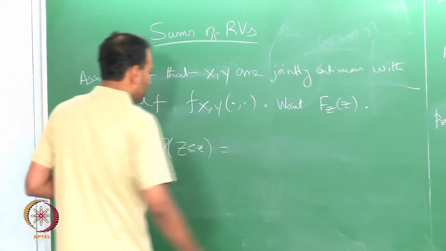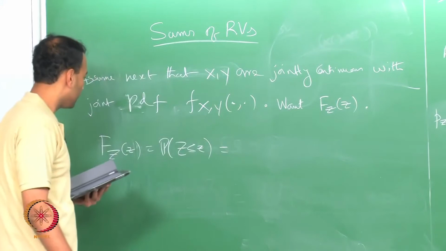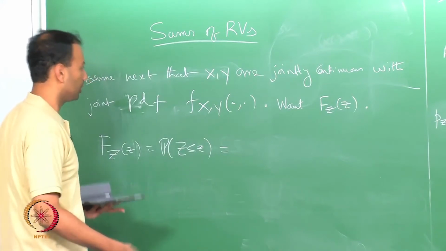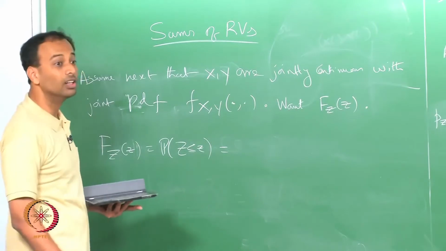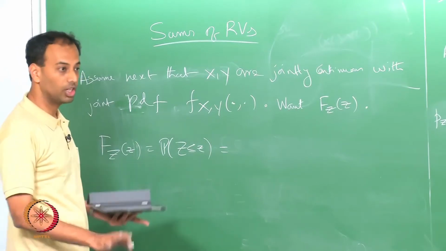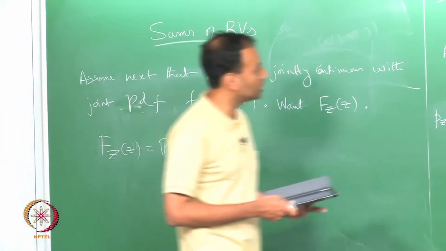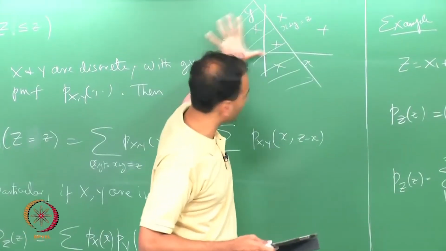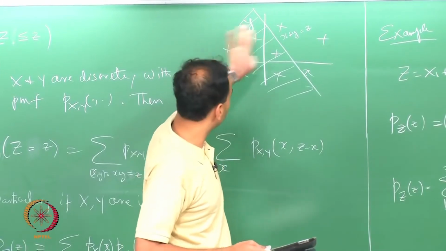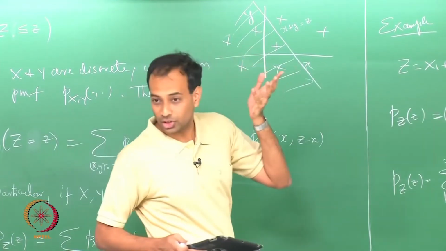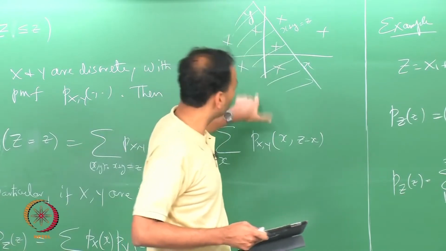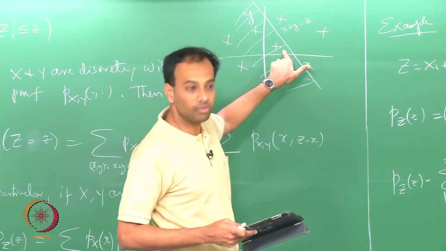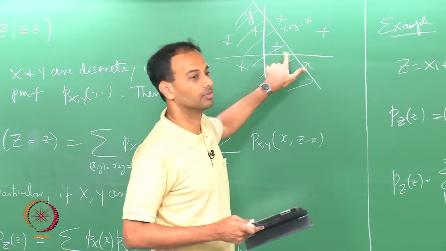You know that the probability of any Borel set is given by the integral of the joint PDF. So the probability of this set is what I want, the set that lies below the line, and that is a Borel set you can show. So the probability of lying in that Borel set will be the integral over that set of little f x y.